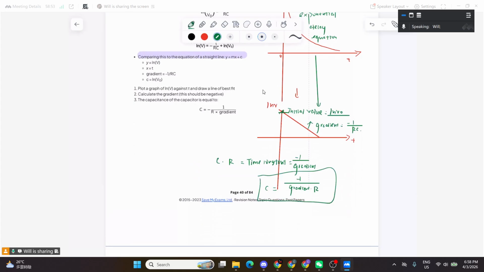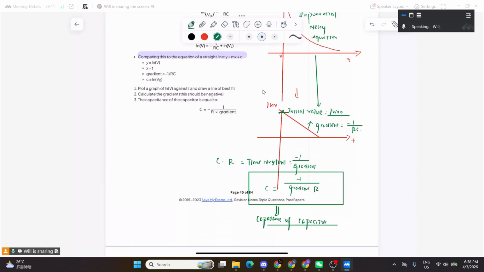Understand that? So this is the result. Finally, we get the capacitance of the capacitor. Understand.